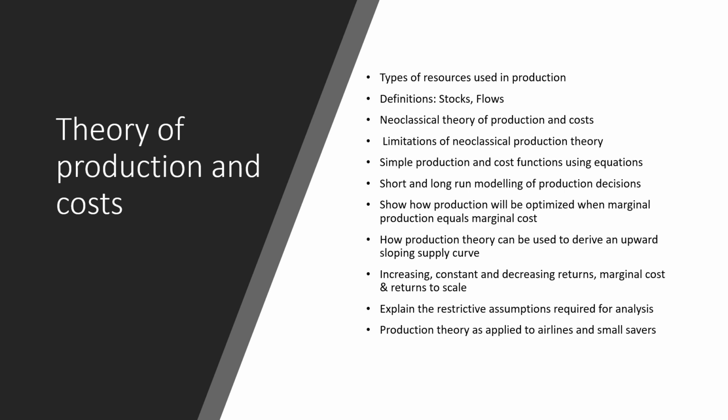And then we'll go into what the short run and long run decision making modeling is for production. We'll also be looking at how to derive an upward sloping supply curve, and we'll be looking at increasing, constant and decreasing returns, marginal costs, and returns to scale.